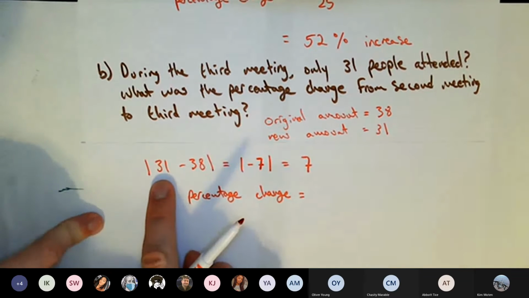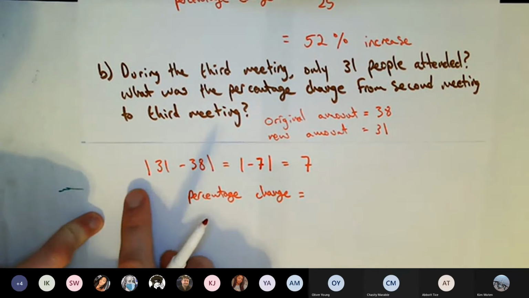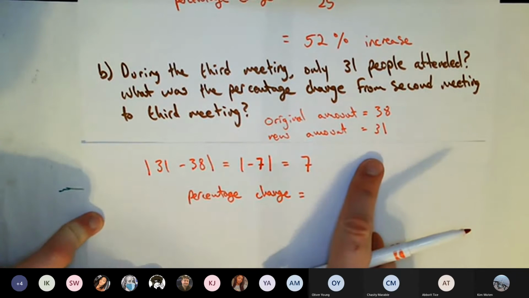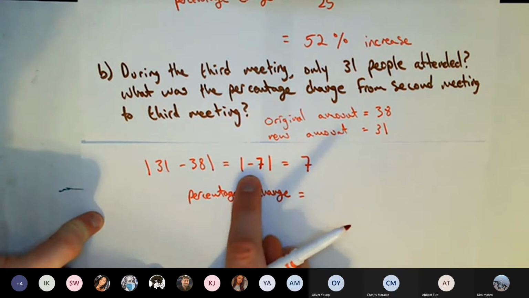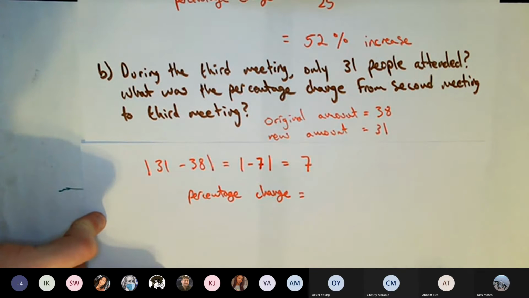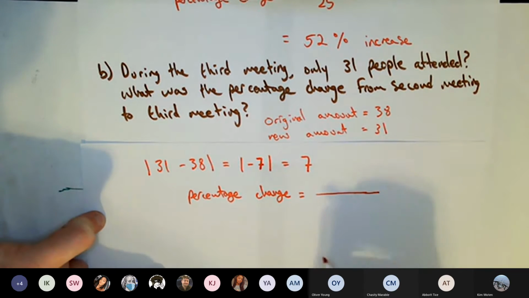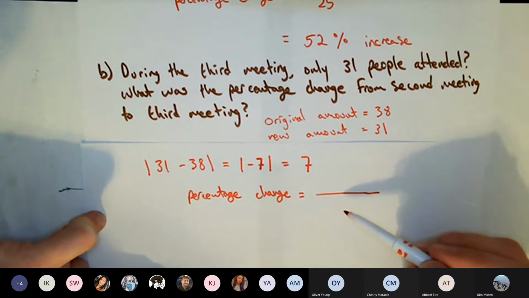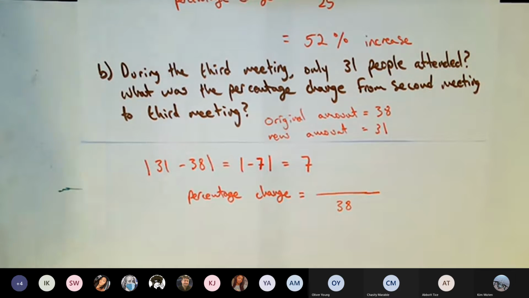If it doesn't matter and it's just going to be a 7 anyway, then I'm just going to think of 38 minus 31 because I don't like dealing with negatives at all. I don't even want to see this intermediate step. That's okay, but you just have to remember that in the next step, where you're setting up your percentage change, the original amount goes in the denominator.